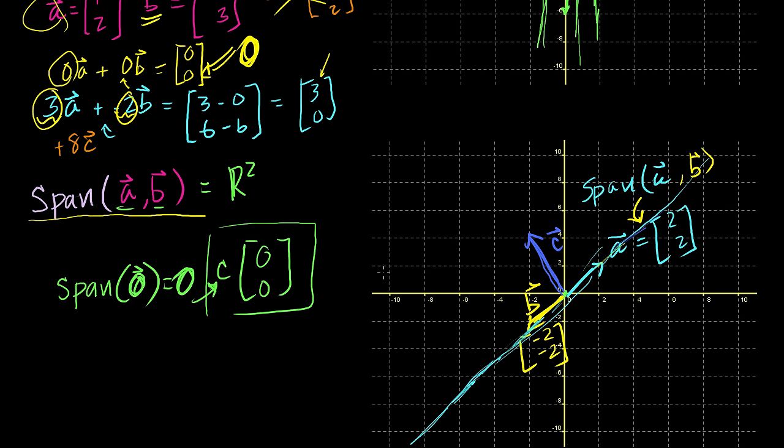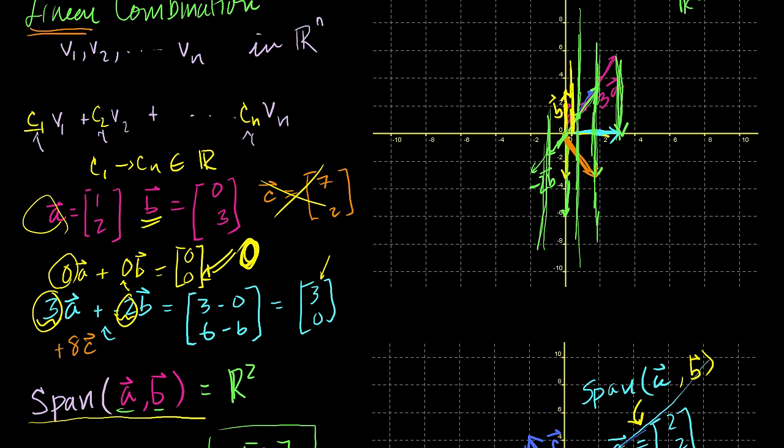Likewise, let's say I go back to this example right here. My a vector looked like that. If I were to ask just what the span of a is, it's all the vectors you can get by creating a linear combination of just a. So it's really just scaling.